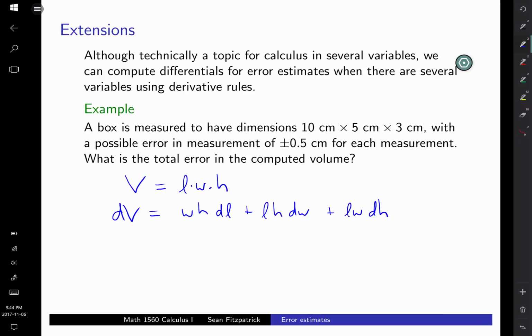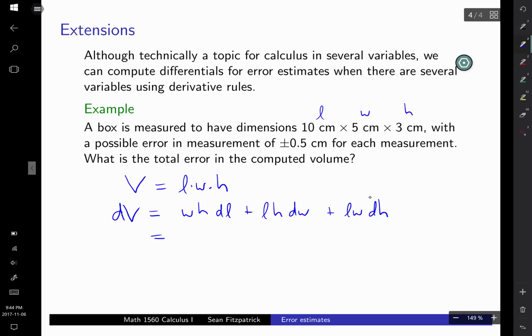And then I can work out, if each of them has a possible error in measurement of half a centimeter, and when we're calculating total error we're looking at the worst case error estimate, so we go with plus 0.5 in each of these. Let's say this is length, width, and height.